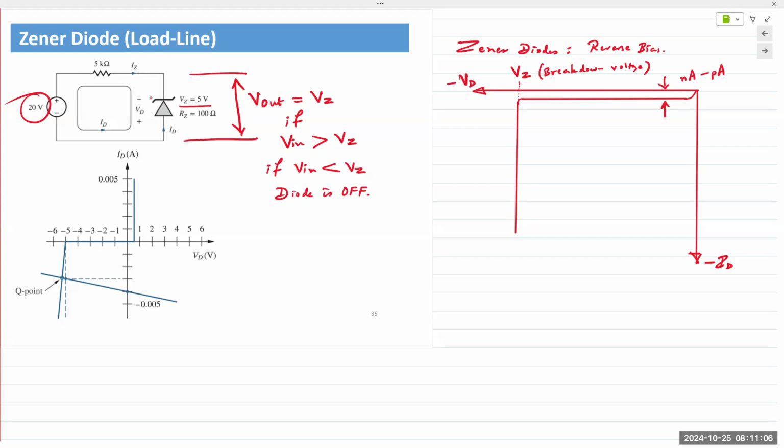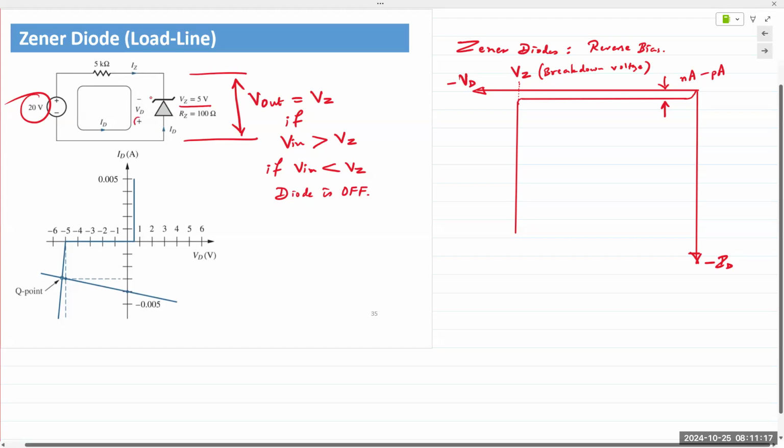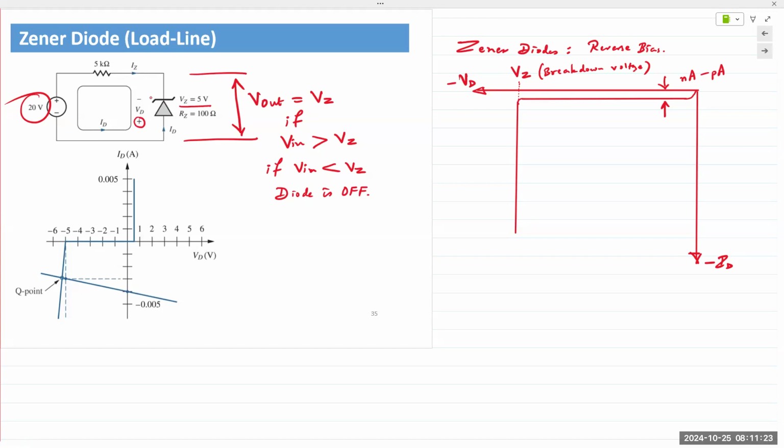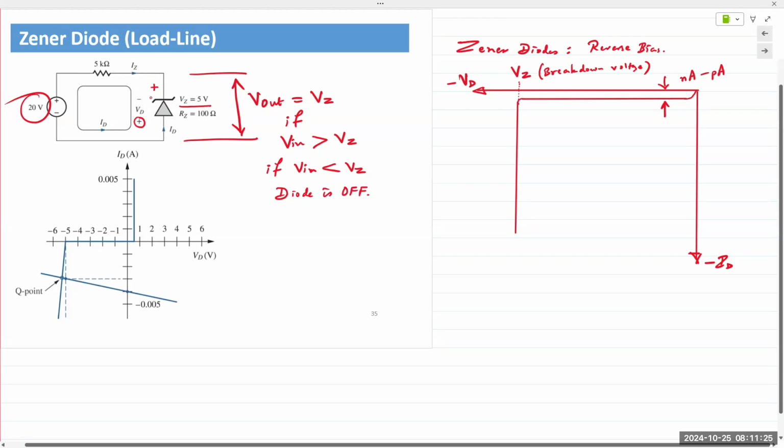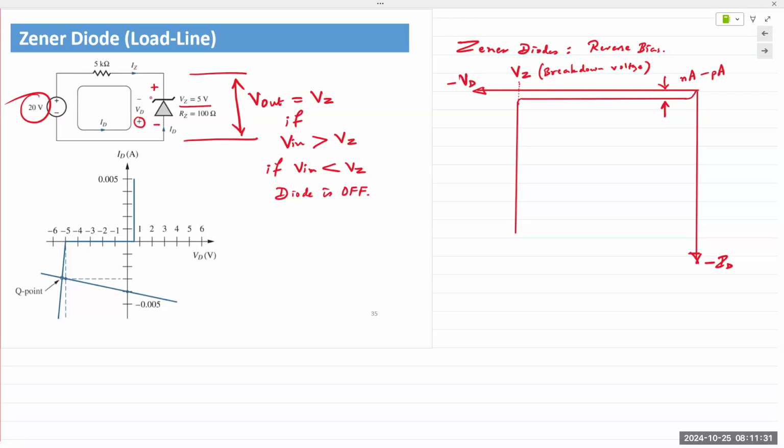And so when we refer to Zener voltage and Zener current, it is the opposite of what we take for the diode voltage and diode current. So the diode voltage, as shown here, has a positive reference at the anode, but the Zener voltage is taken as positive at the cathode and negative at the anode. And so that's the key thing to keep in mind.